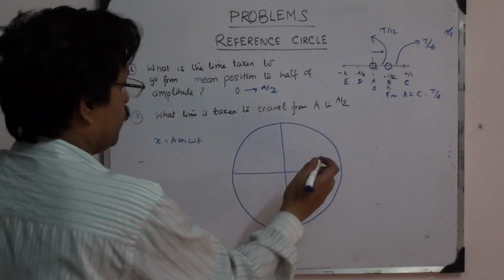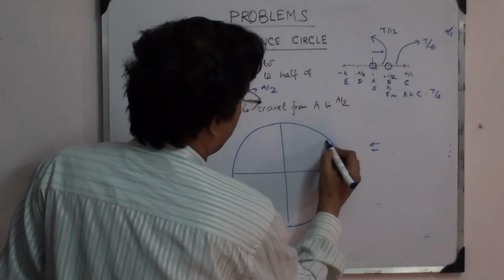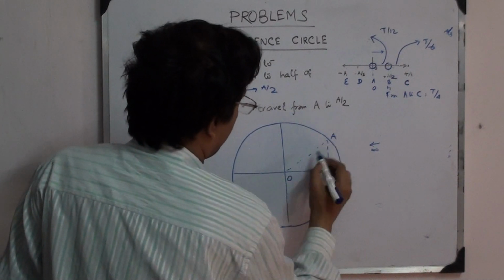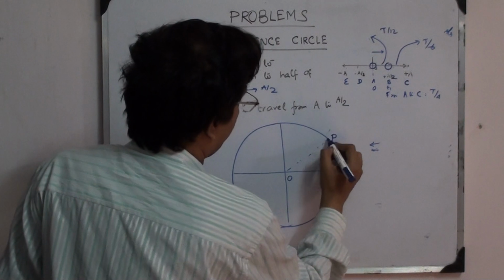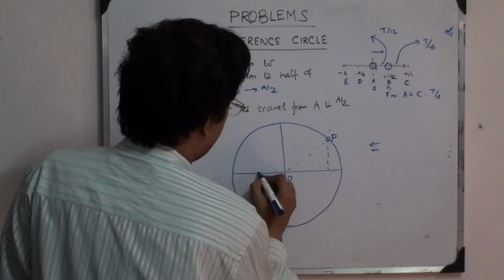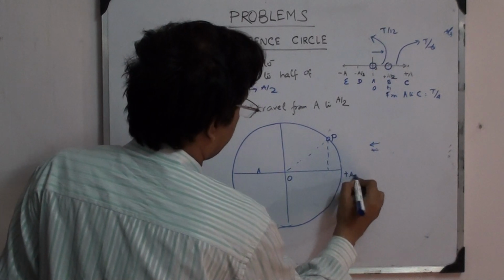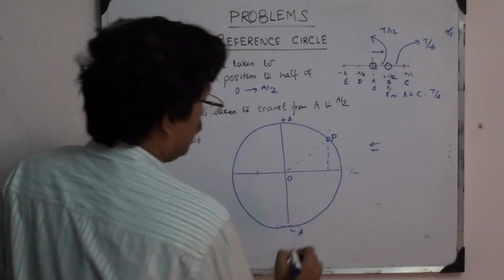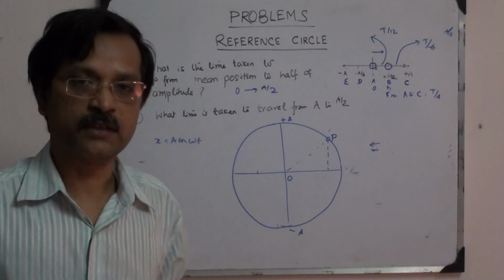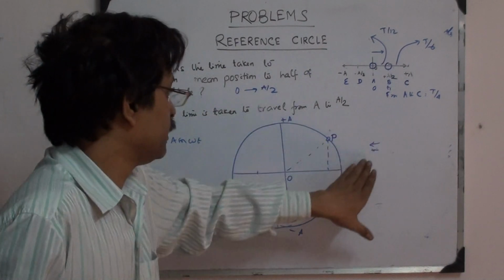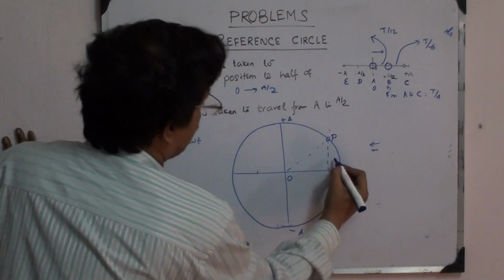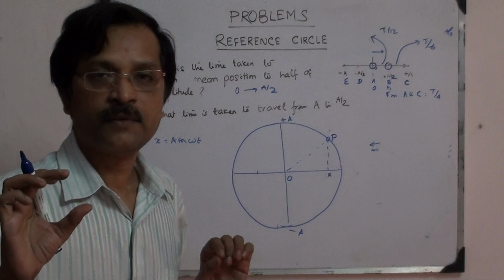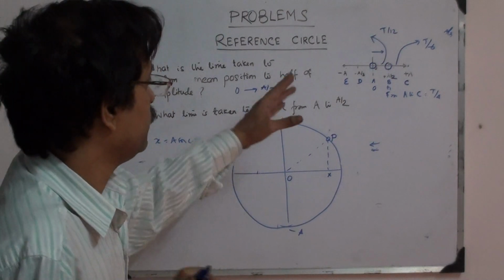So as you throw light here, the vertical shadow, point P, radius is A. So this is plus A and this is minus A. Remember, if we take A sin omega t as our equation of displacement, then in this reference circle the vertical shadow, that is Px, represents the position of the particle in SHM.